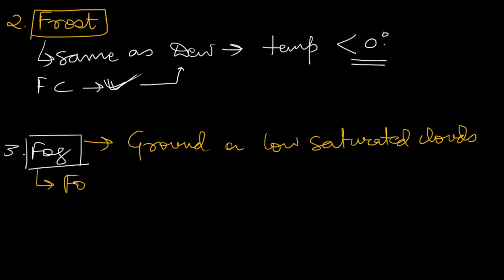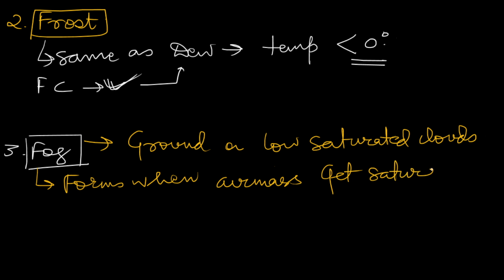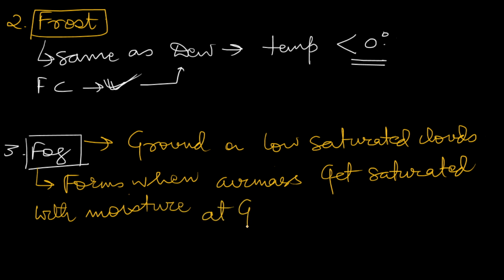It forms when an air mass gets saturated with moisture at ground level. That is why you are able to see the fog at ground level.